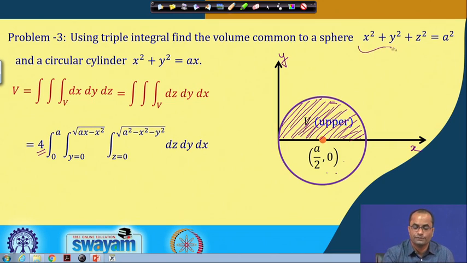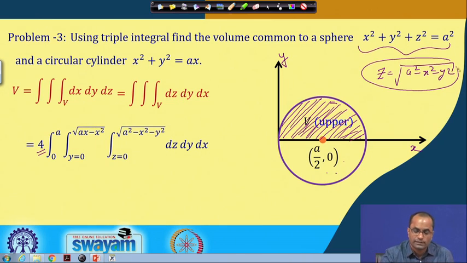So, on the sphere here, because the cylinder cuts that sphere and our interest is to get this common volume. So, we are exiting the domain through this sphere, where the equation is a square minus x square minus y square for this z in the upper half portion. So, the limits for the z are clear now from 0 to that is sphere, because we are leaving that domain to that sphere.